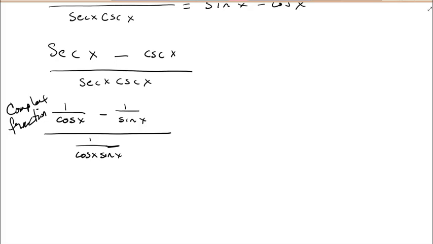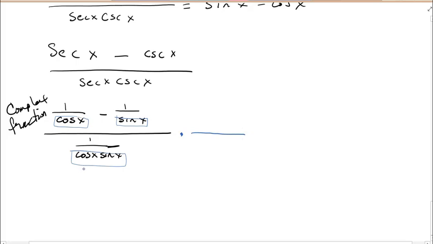Well, I find the easiest way is to remove all of the denominators by multiplying by the common denominator.